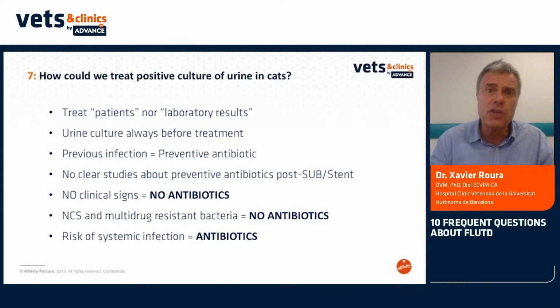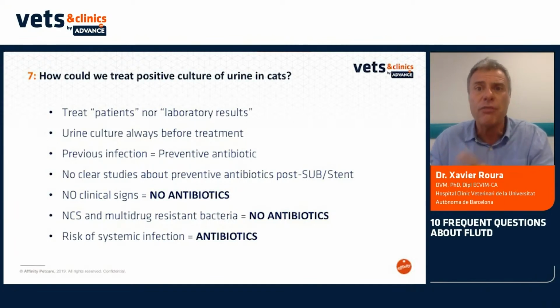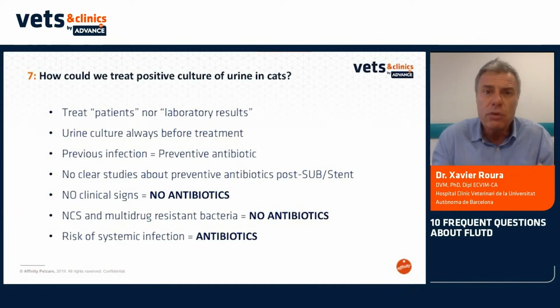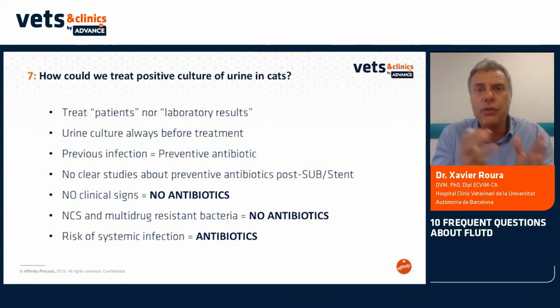We have an increased use of antibiotics and increased resistance, an overuse of antibiotics in cats. Most of these diseases that produce hematuria, pollakiuria, stranguria, periuria are not infections. We need to approach the different situations in a different way.